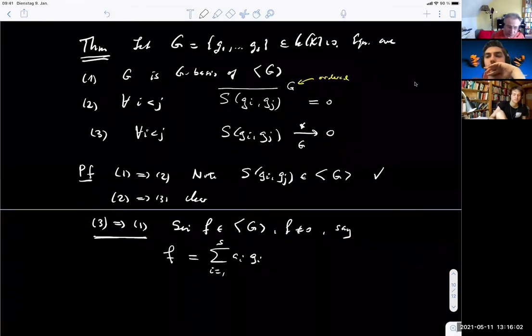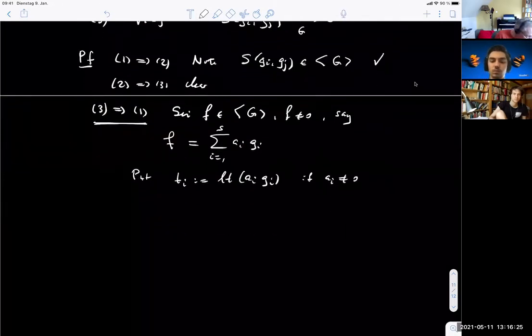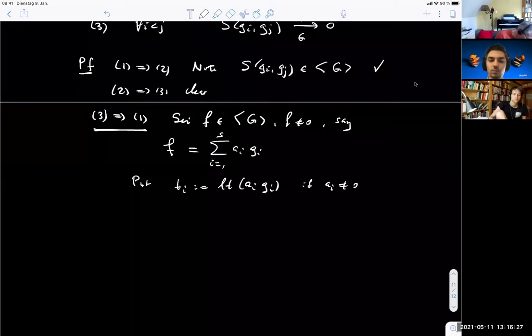And then I look at what happens with the leading terms. Let's say ti is the leading term of ai times gi. If this is non-zero; otherwise, it's uninteresting.